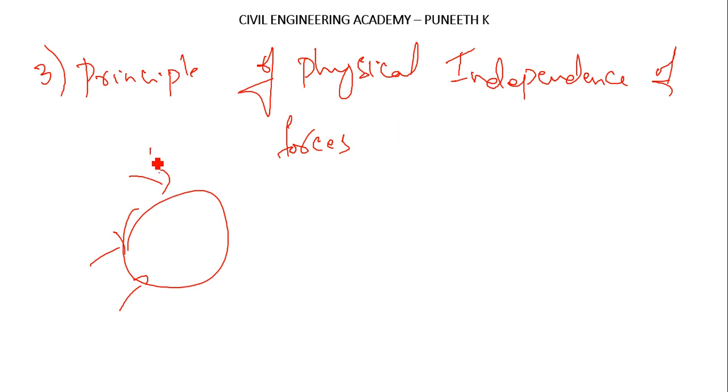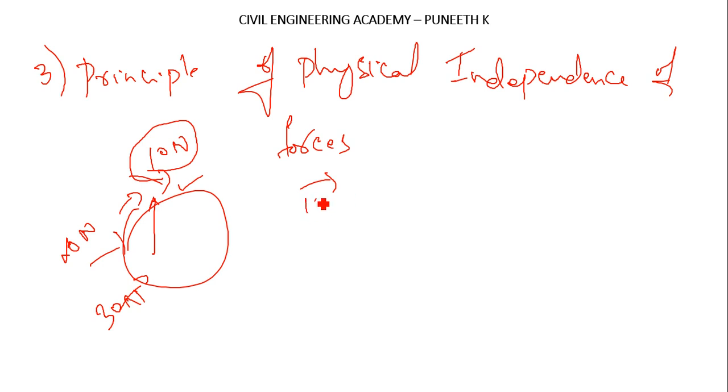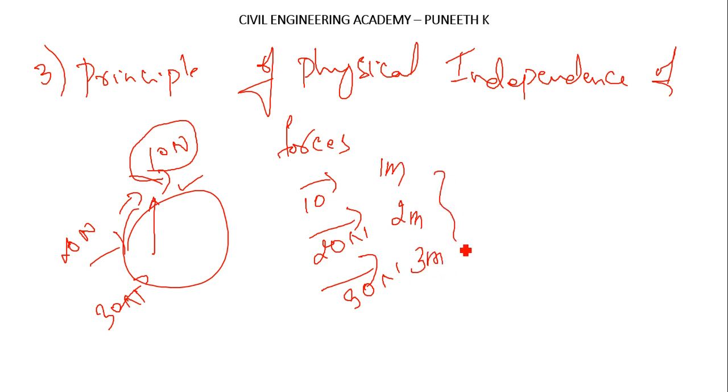Let us assume the object is having 10 Newton, 20 Newton and 30 Newton. Now, whatever the magnitude of the force be, it has its same effect. The other forces are not affecting the effect of this force 10 Newton. For example, 10 Newton might move the object by 1 meter, 20 Newton might move the object by 2 meters, 30 Newton might move it by 3 meters.